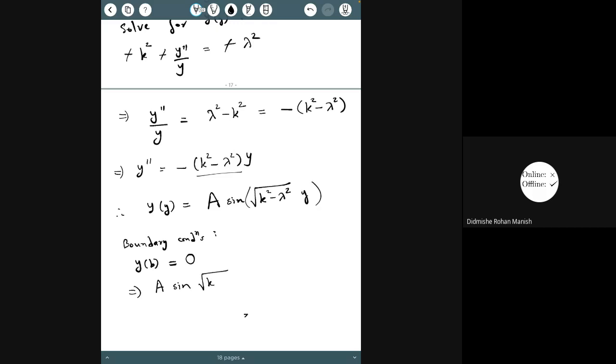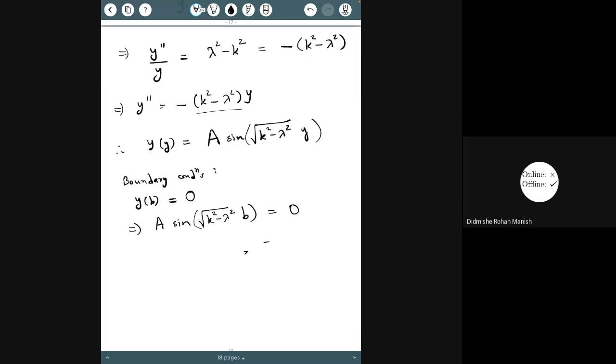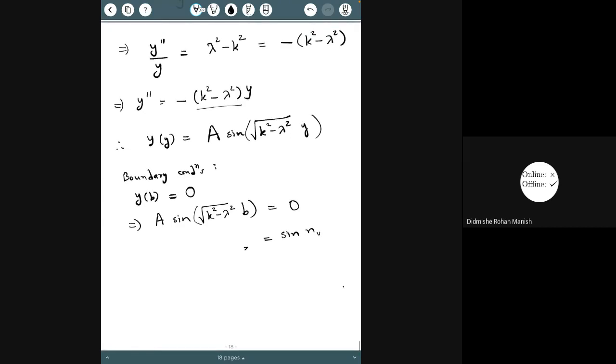This in brackets, times b, is equal to 0. So which means I can write this as sine of n_y pi, with n_y equal to 0, 1, 2, and so on, 0, plus minus 1, plus minus whatever.